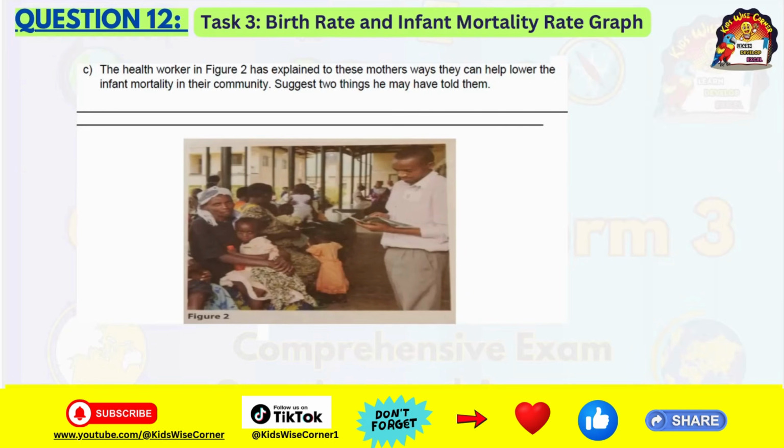The health worker in Figure 2 has explained to these mothers why they can help lower the infant mortality in their community. Suggest two things he may have told them. He could have told them to improve hygiene and sanitation. He could have told them to ensure the kids are vaccinated regularly.